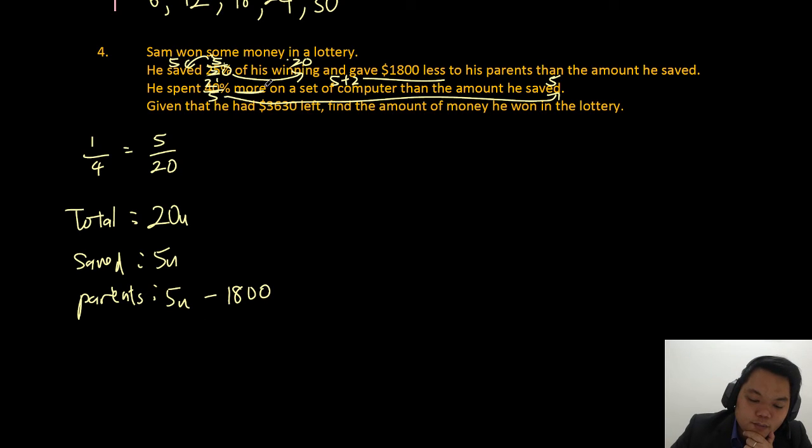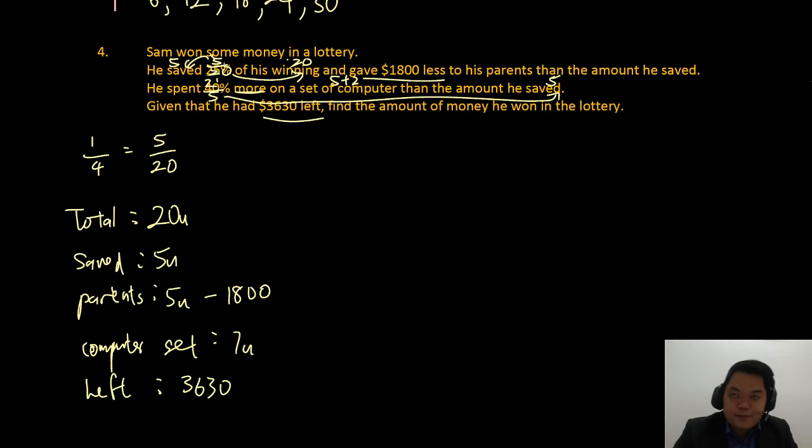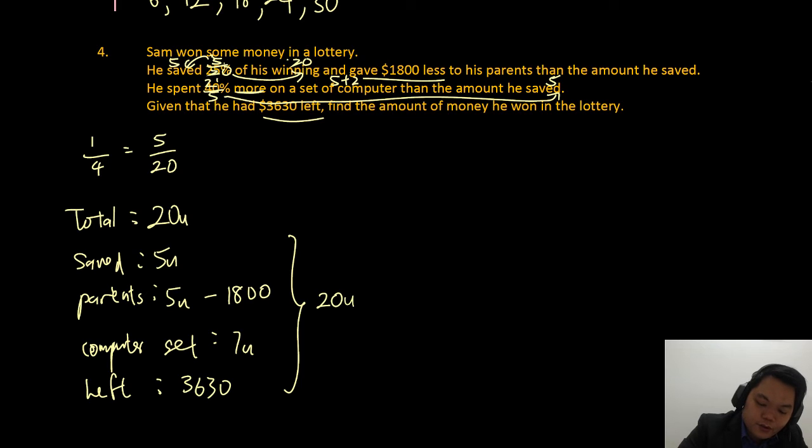Then on the computer set, he spent 7 units. So what is he left with? He's left with 3630. Correct? So if everything here adds up to 20 units, how do we go about to find this out?